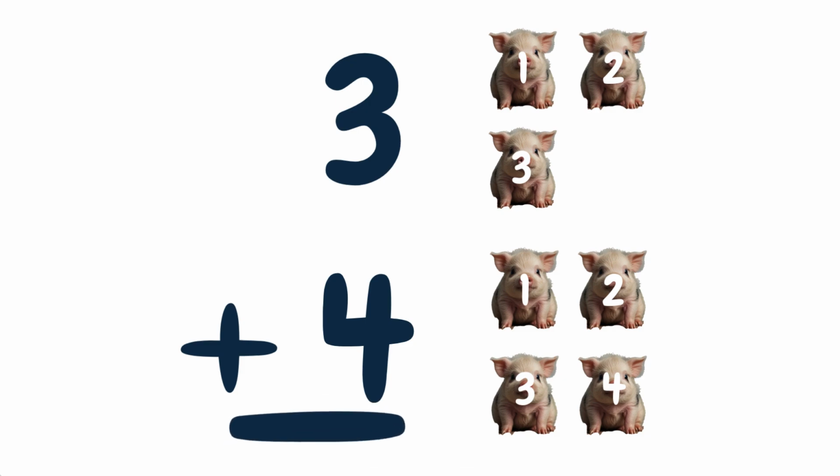So what we're doing is we are grabbing one group that has 3 pigs, and then we're going to add 4 more pigs to that group. Or you could say that you have 4 pigs and you're going to add 3 more. Whether you go 3 plus 4 or 4 plus 3, your answer is going to be exactly the same.